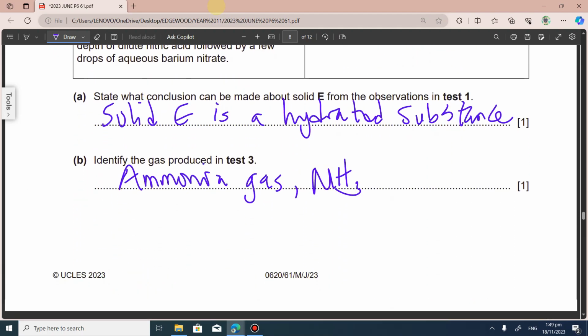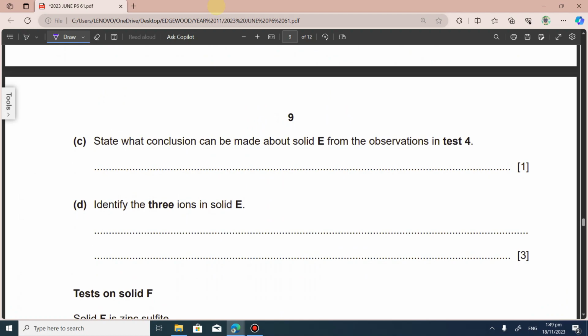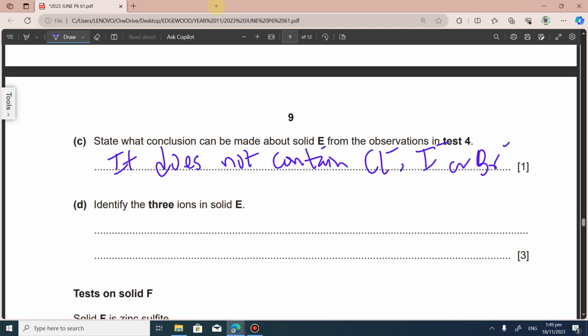So to answer the question, state what conclusion can be made about solid E from the observations in test 4: it does not contain chloride, iodide, or bromide ions. It doesn't contain any of them, that is why it doesn't give a positive test to them.